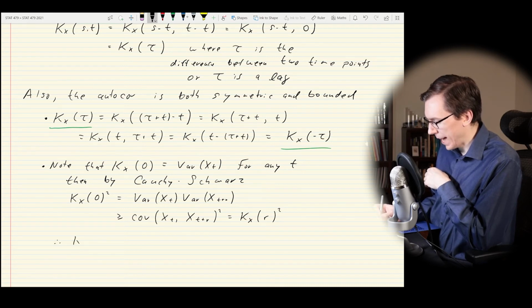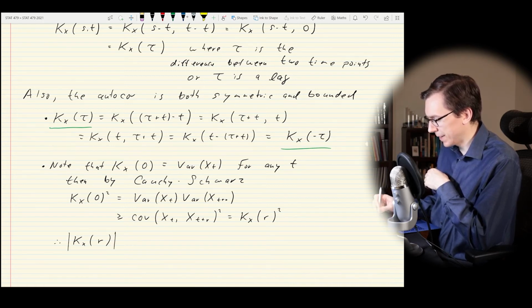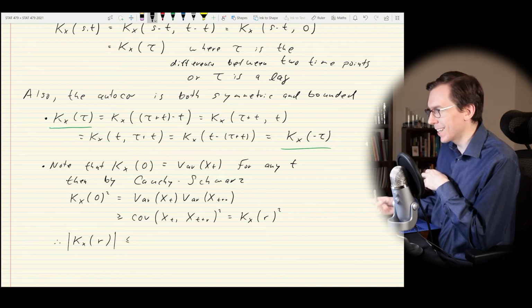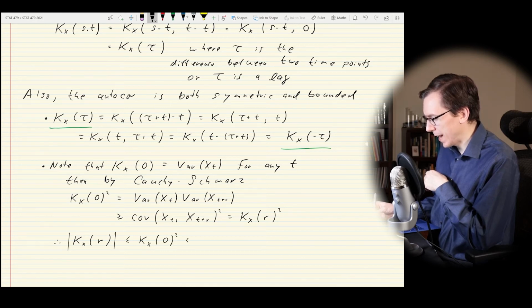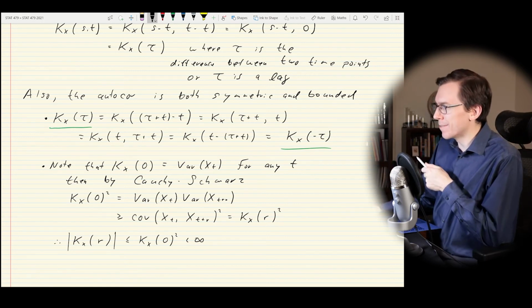Therefore, we have that kx at lag r, in absolute value, is always going to be less than or equal to, probably strictly less than, or else some weird stuff is going to happen, but we'll just say less than or equal to, based on this proof, kx at 0, which also has to be finite, or else you're going to have infinite variance, and that's no good. We don't want infinite variance.